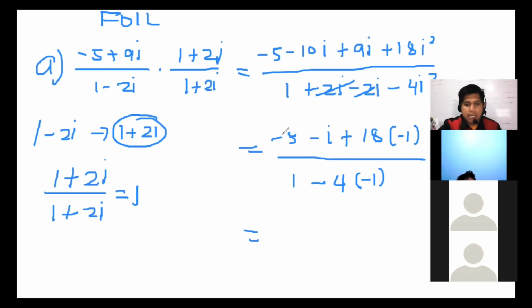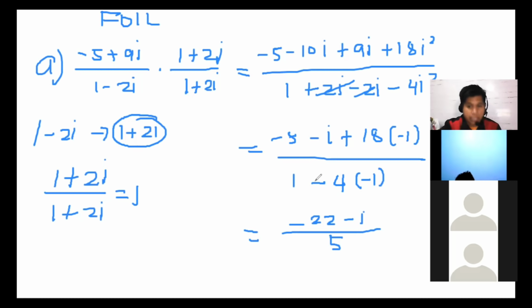Negative 18 minus 5 is how much? Negative 22. Okay, minus i. Then here we have your 1 minus minus. So 1 plus 4. 1 plus 4 is how much? 1 plus 4 is 5. Okay. Oops. Dali lang. 5i minus 18.